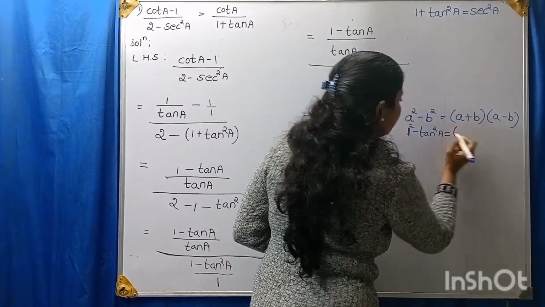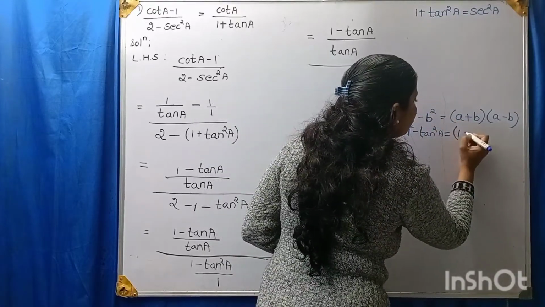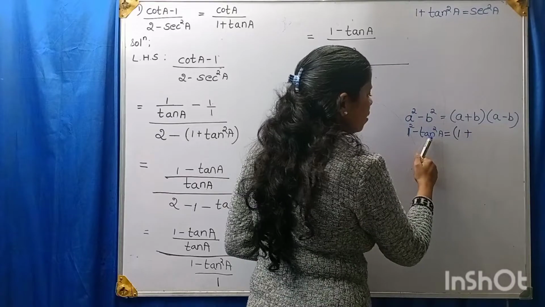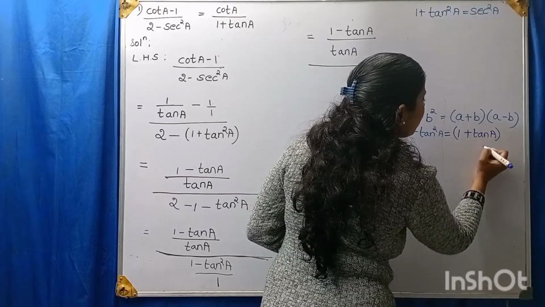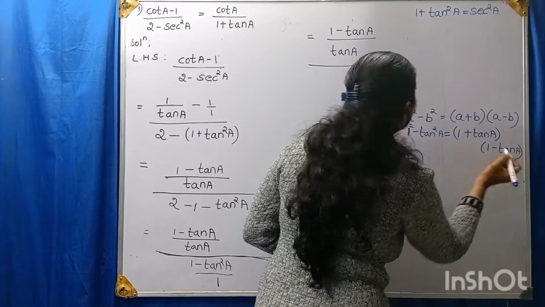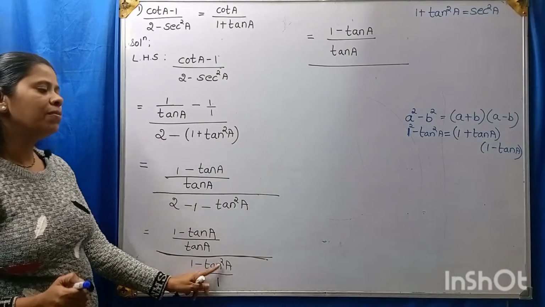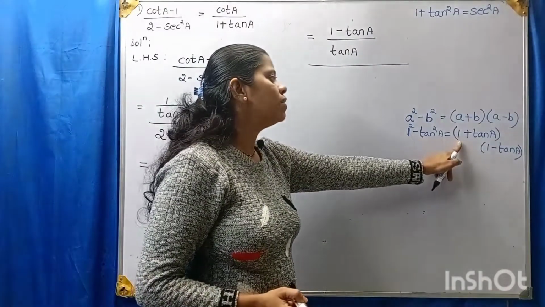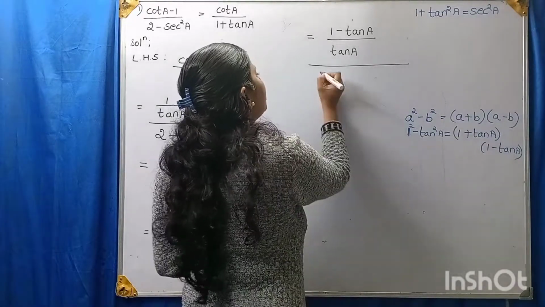In the place of A, we have 1 plus. In the place of B, we have tan A. Therefore, it will become (1 plus tan A) into (1 minus tan A). Okay. Therefore, this 1 minus tan square A, I can write it as (1 plus tan A) into (1 minus tan A).